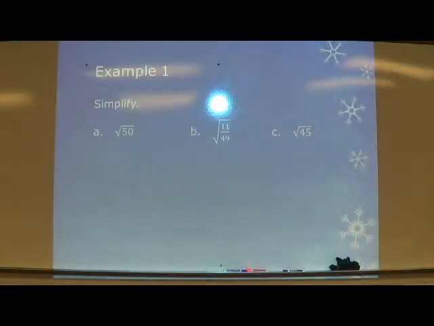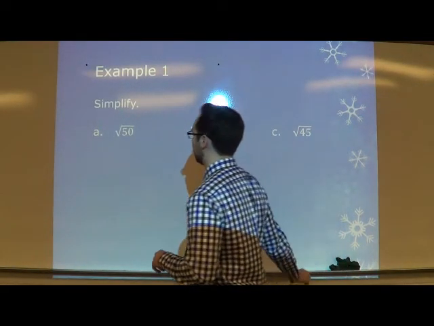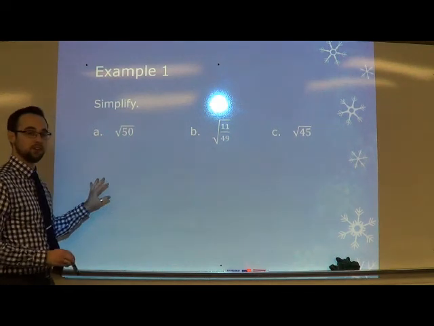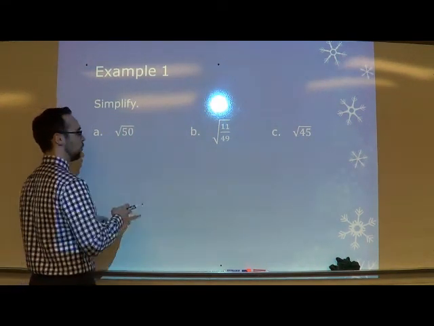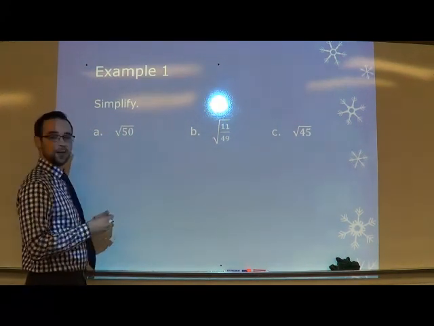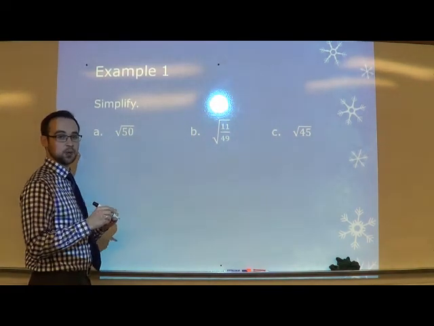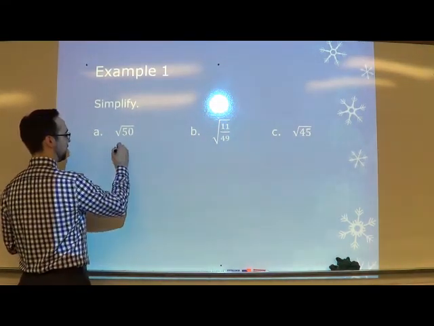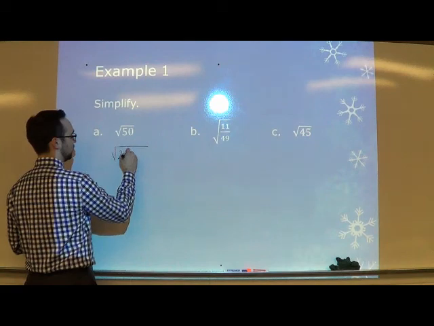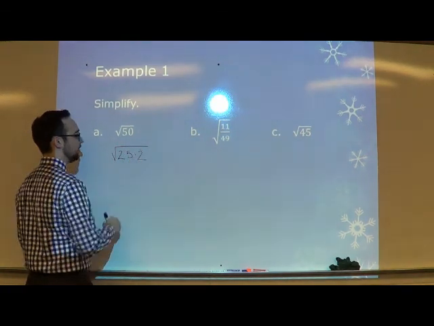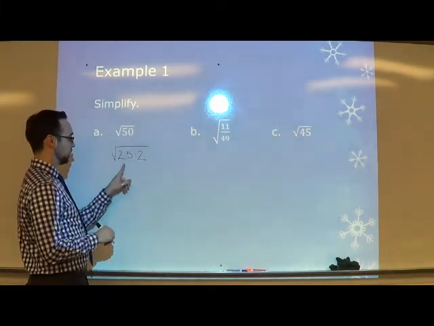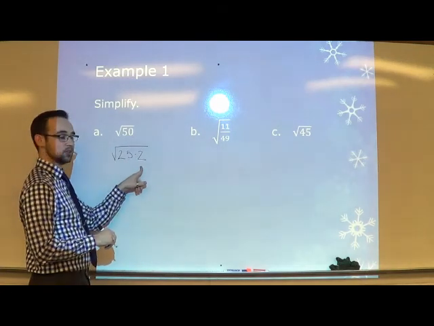So they just want us to take a look here and simplify some of these. If we're looking at the square root of 50, what we want to do is rewrite this so that we have perfect squares that I can actually get the square root of. So I'm going to rewrite this as the square root of 25 times 2, because 25 is a perfect square, 2 is not.